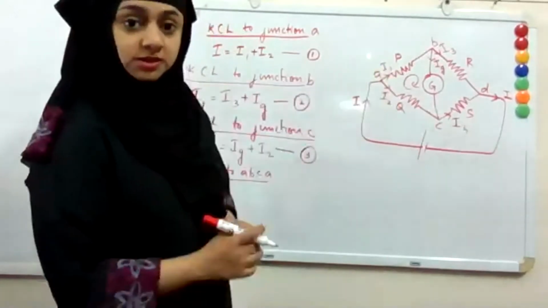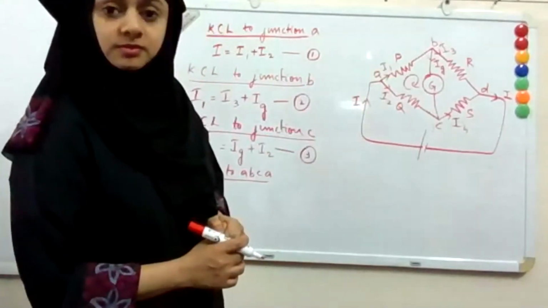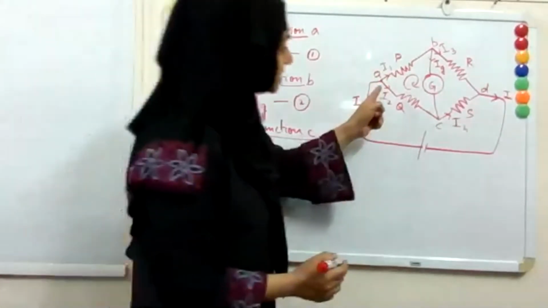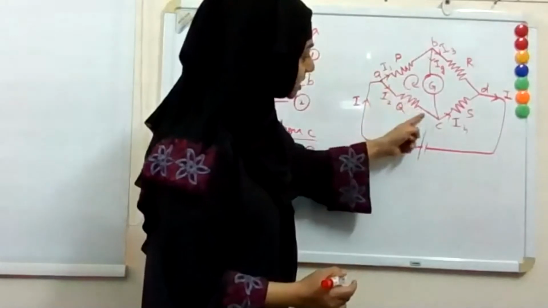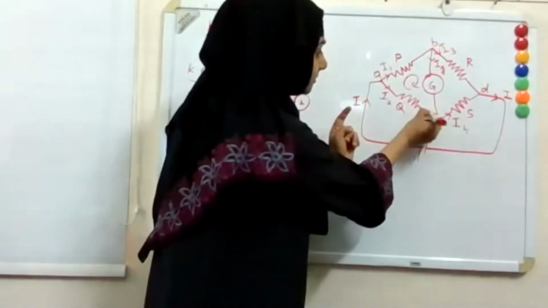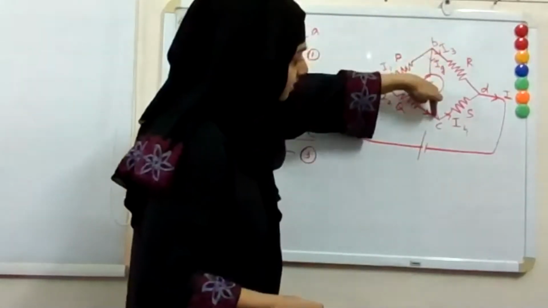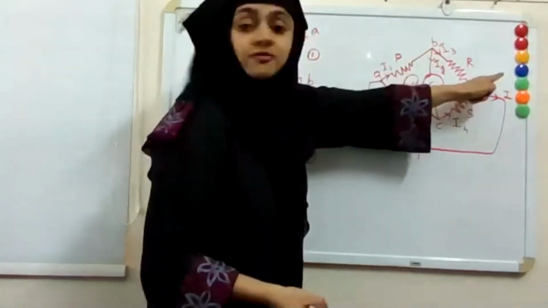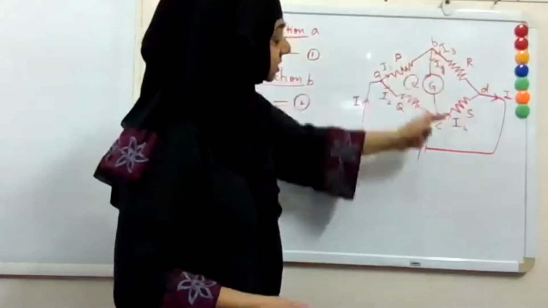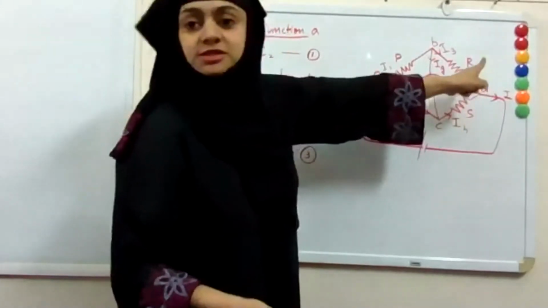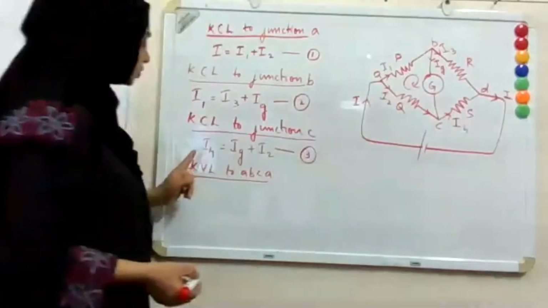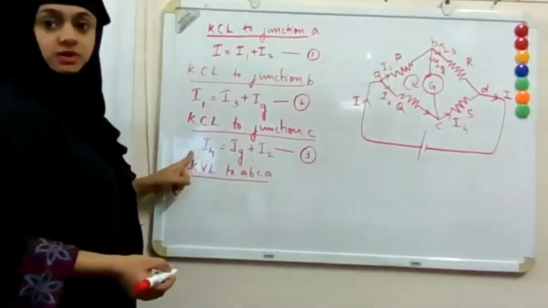Can you say what happened in junction c? You can see I2 is coming here, IG is coming here, and I4 is leaving. So IG and I2 are entering the junction while I4 is leaving the junction, so I have written IG plus I2 is equal to I4. Is it clear?